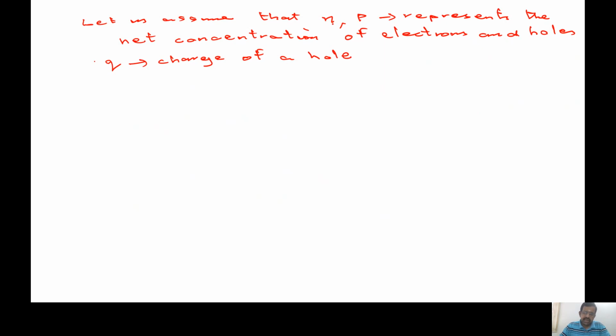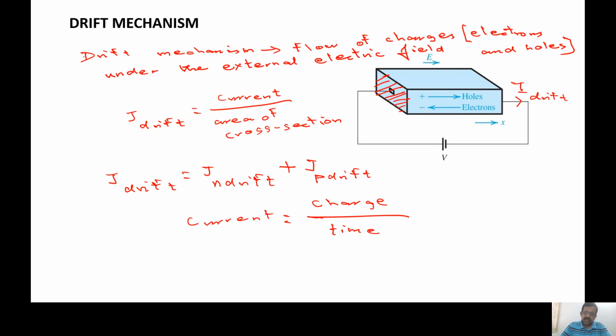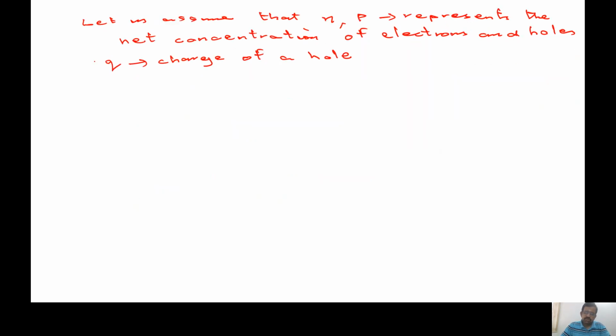So if capital V is the volume of this cuboid semiconductor that you see in the figure, then the product of this volume times n or p will give the net amount of electrons and holes.